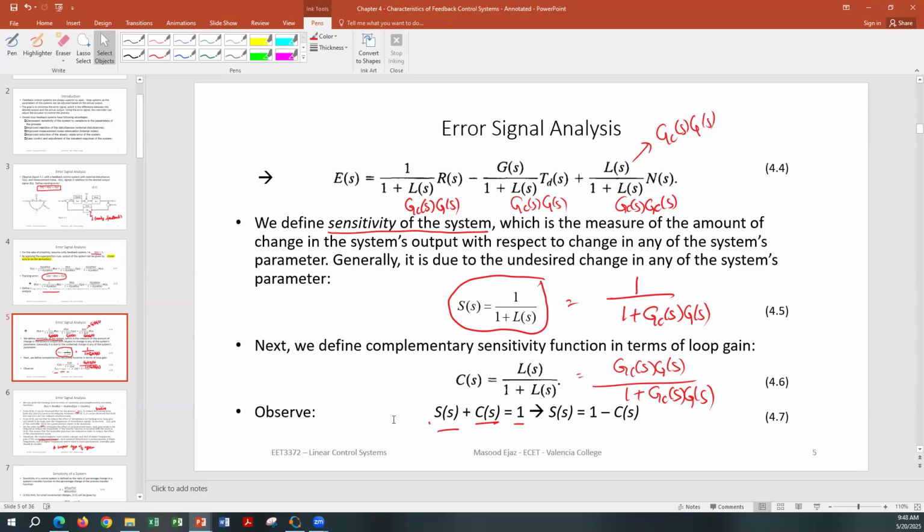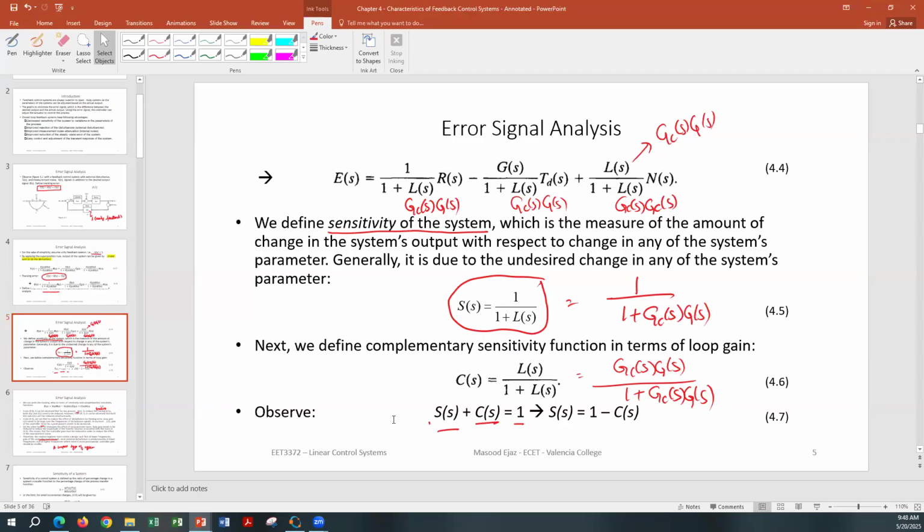We also defined the sensitivity of the system, that is, how sensitive it is with respect to changes in some parameter in the system. Right now I just showed you the expression that sensitivity is defined in terms of the loop gain as 1 over 1 plus L(s). We're going to confirm today why sensitivity is defined by this expression, which is 1 over 1 plus the product of controller gain and process gain.